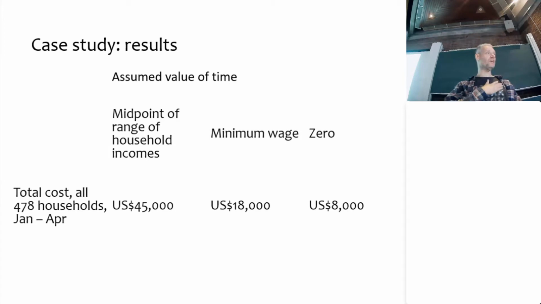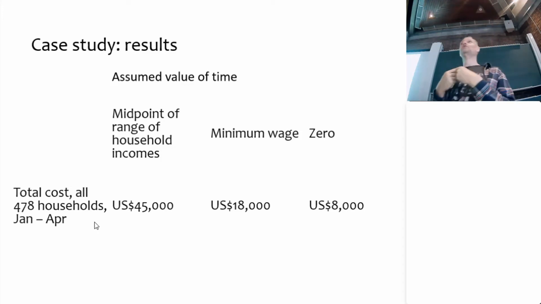And that is what you see in the results here. The total expenditure, if you exclude time, was $8,000 for the 500 or so households. So this is a small thing, right? It's not that they spend 8,000 per household, but they spend 8,000 for 500 households.